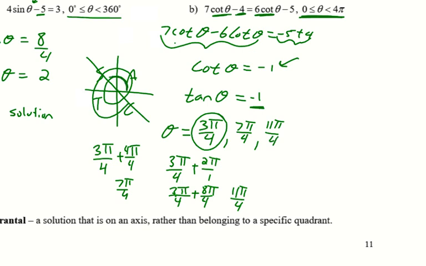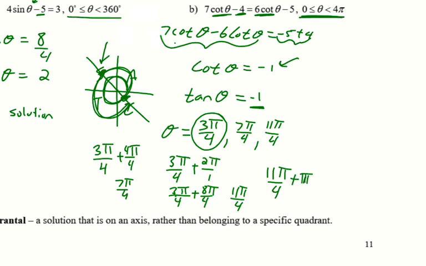That answer was this one, right? This was our third answer, right there, the one we just found. And now the next one, you could just add another pi if you wanted to, or you could take the answer we had here plus 2 pi. There are a few ways to get it. So I'll go 11 pi over 4 plus pi. So we have to go halfway around again.